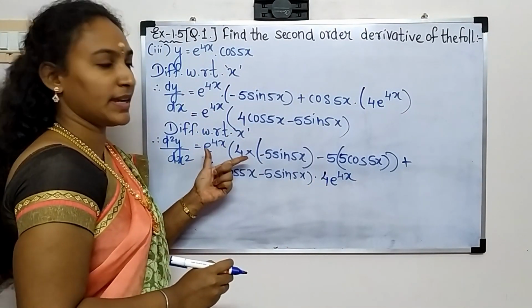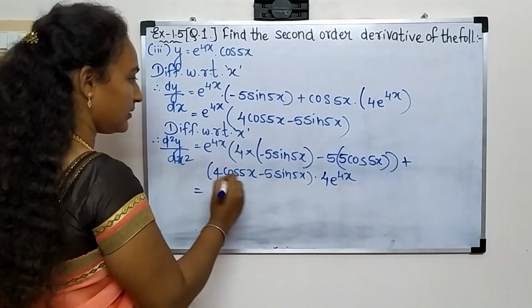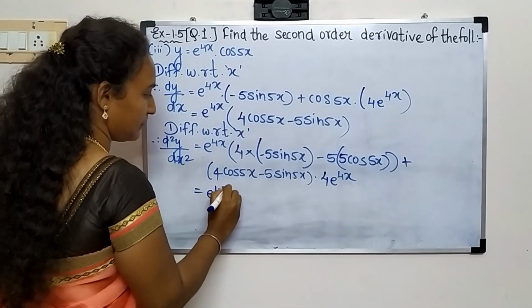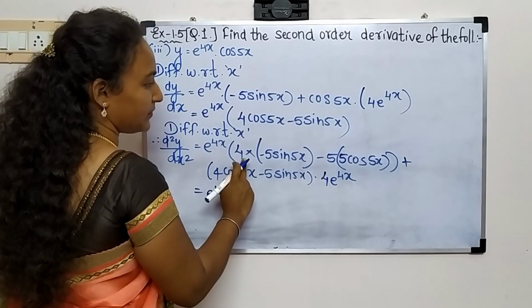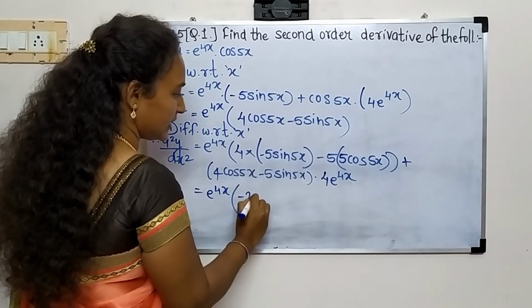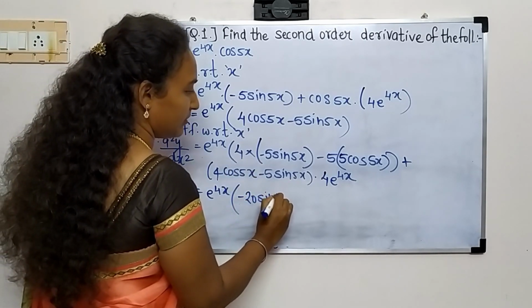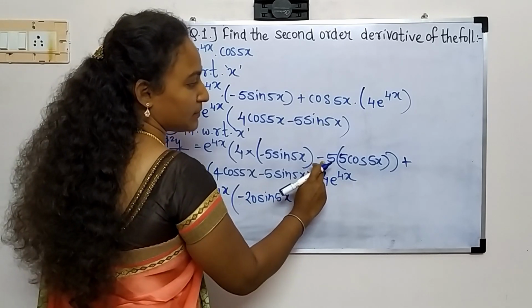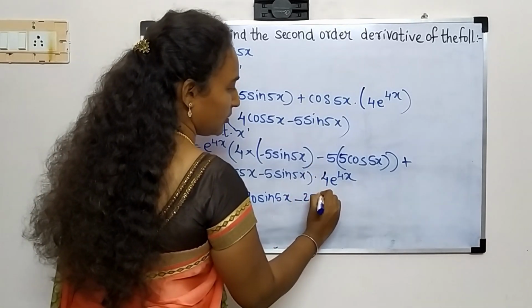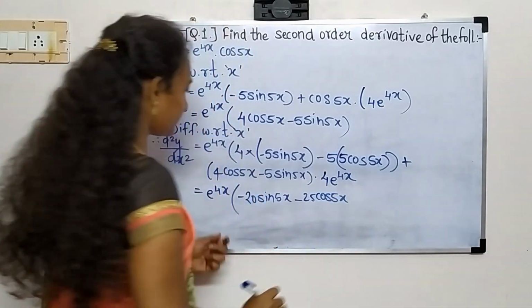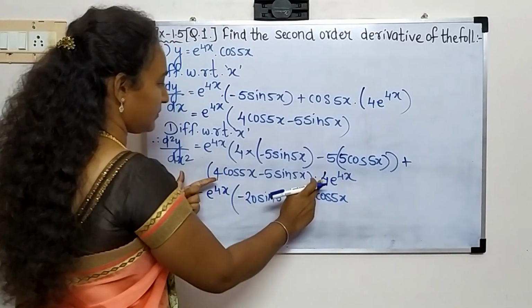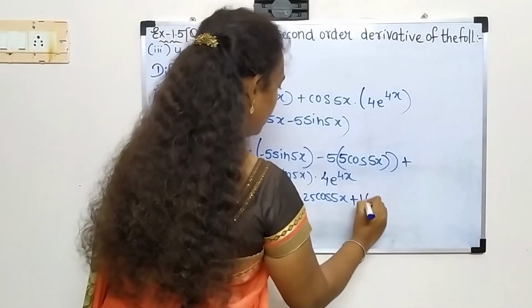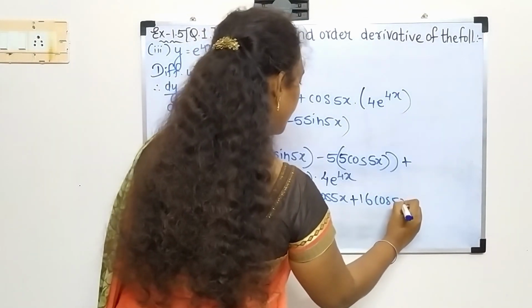So let us simplify this. From these two terms we can take e power 4x common. Take it out. E power 4x. And this is 4 into minus 5, that is minus 20 sine 5x. And this is minus 25 cos 5x. And plus 4 4s are 16, 16 cos 5x.